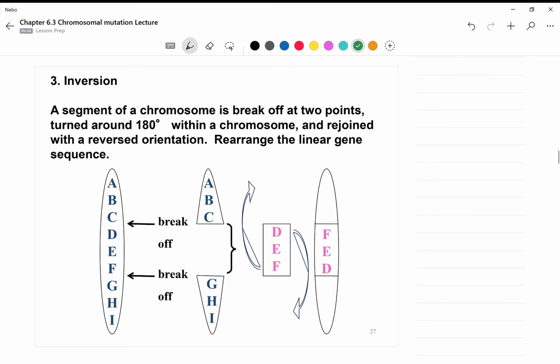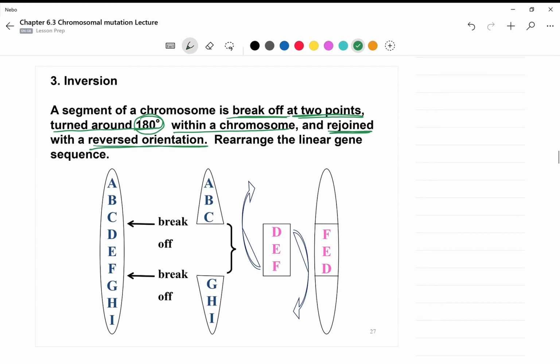In chromosomal inversion, a segment of the chromosome breaks off at 2 points, turns around 180 degrees within the chromosome itself, and then rejoins with the reverse orientation.